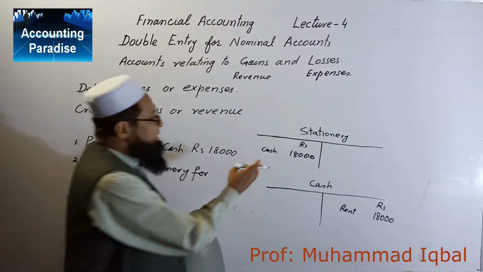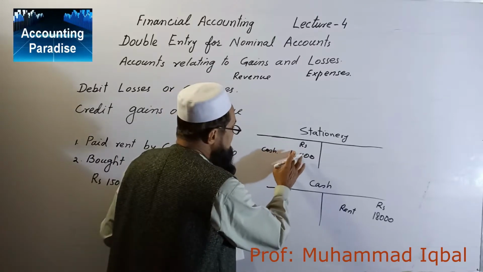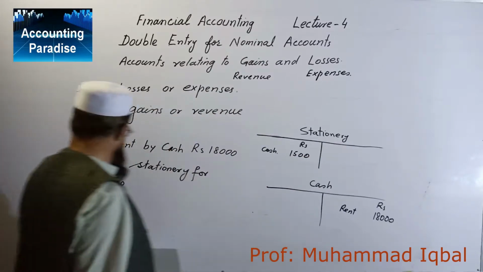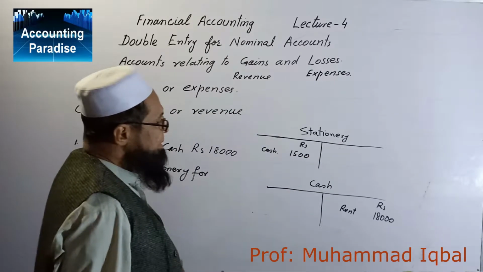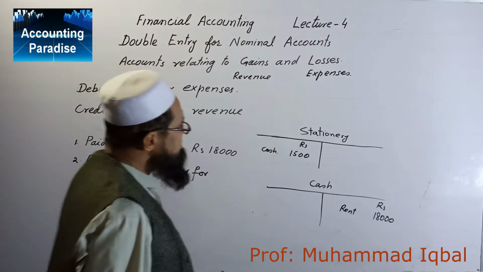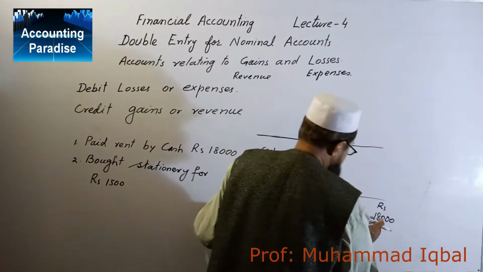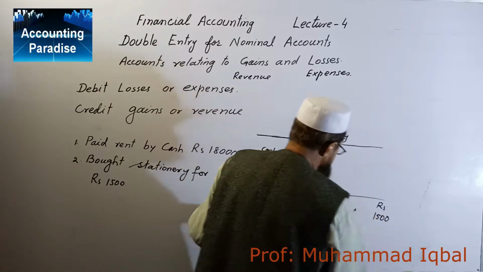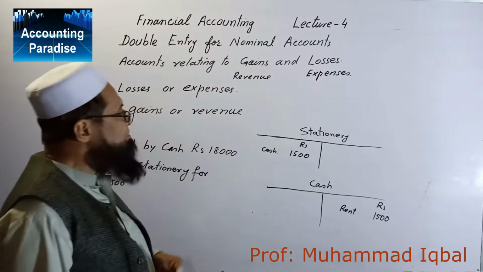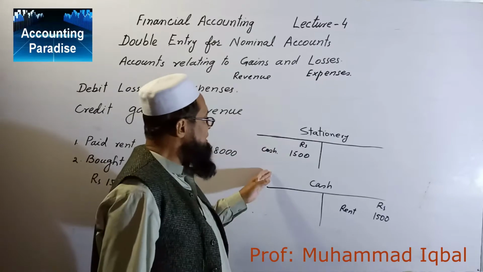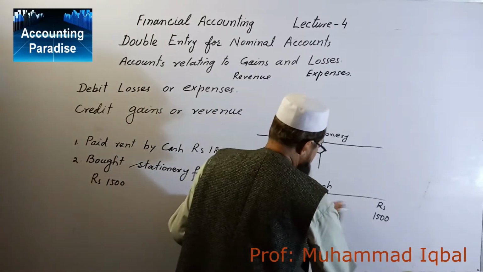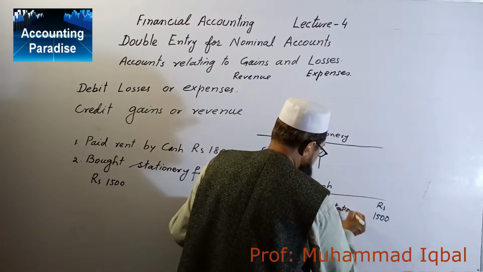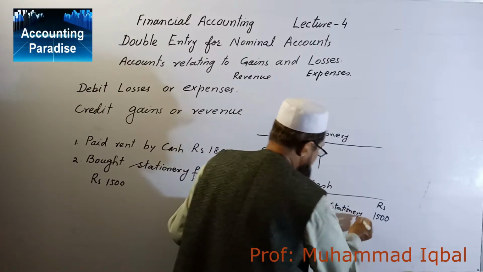Stationery account is debited for rupees 1,500. And the second entry for credit is cash. Here the contra would be cash in stationery account and stationery in cash account.